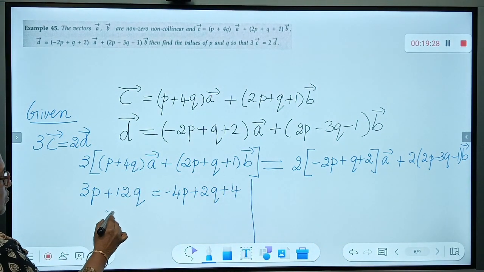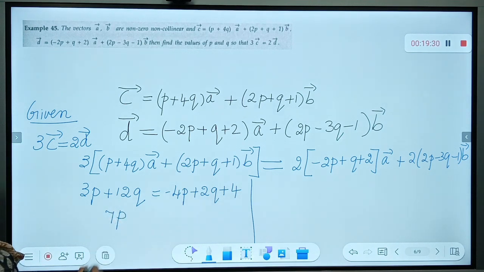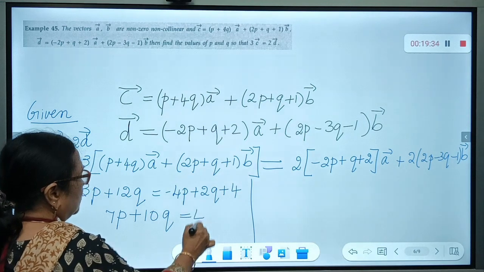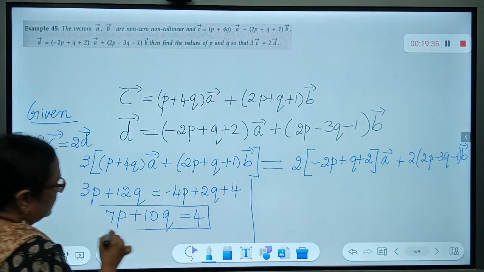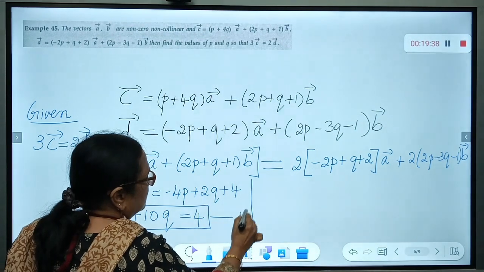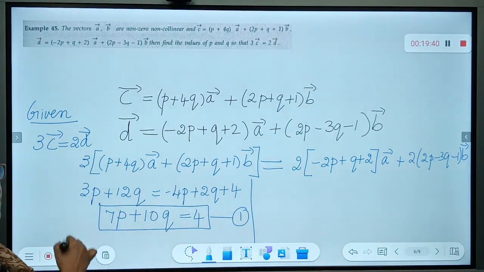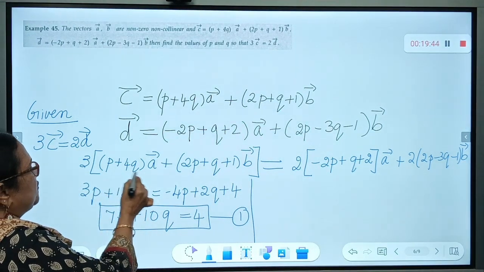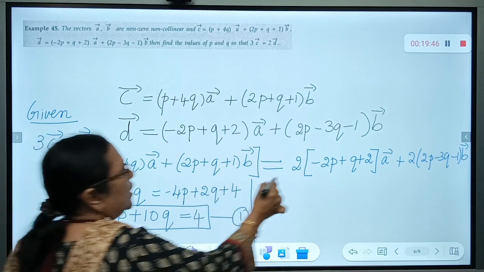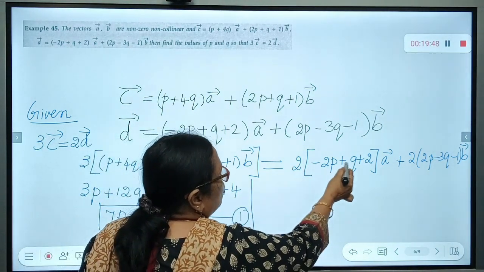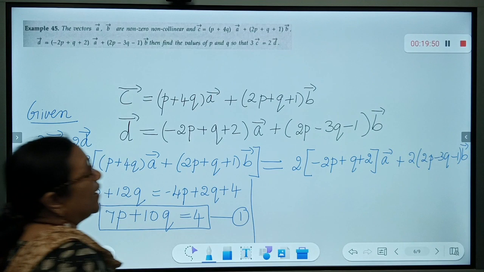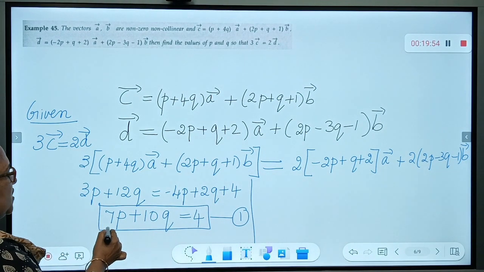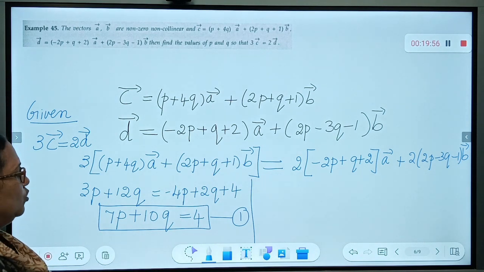This gives you 7p plus 10q equal to 4. So we got one equation. Equating the component of A vector, 3 times (p plus 4q) is 3p plus 12q, equal to 2 times (minus 2p plus q plus 2), which is minus 4p plus 2q plus 4, from which you get 7p plus 10q equal to 4.